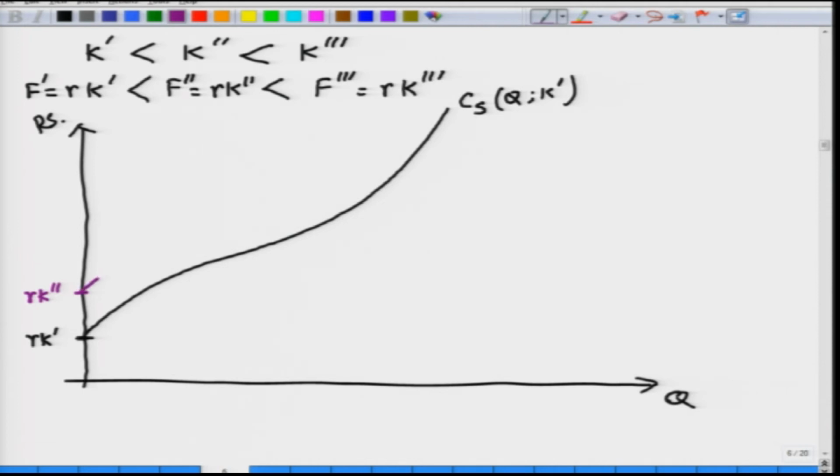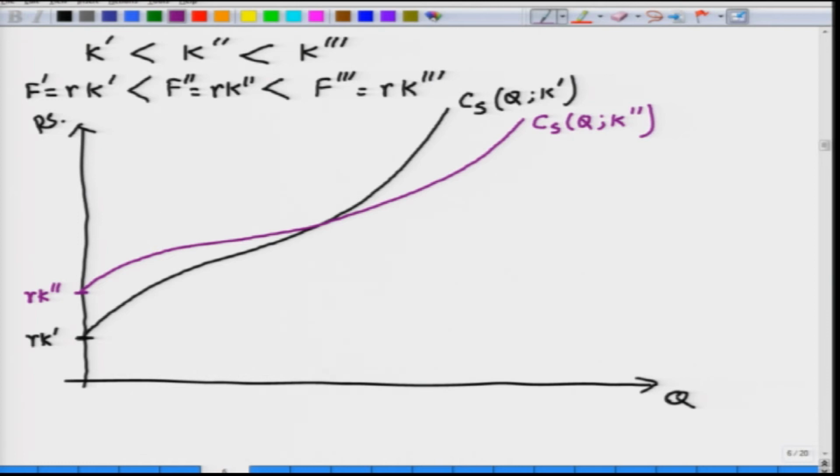Okay. So, in particular, the short run cost curve associated with the level of capital which is k double prime looks somewhat like this. Notice it starts at a higher level, but is a lot flatter than the cost curve in the short run where the level of capital was k prime.